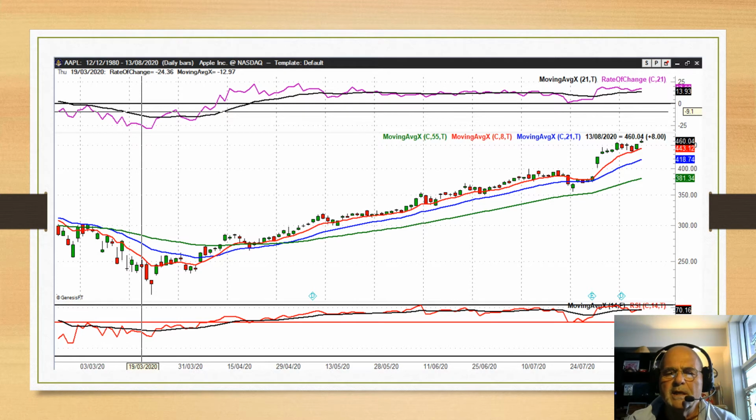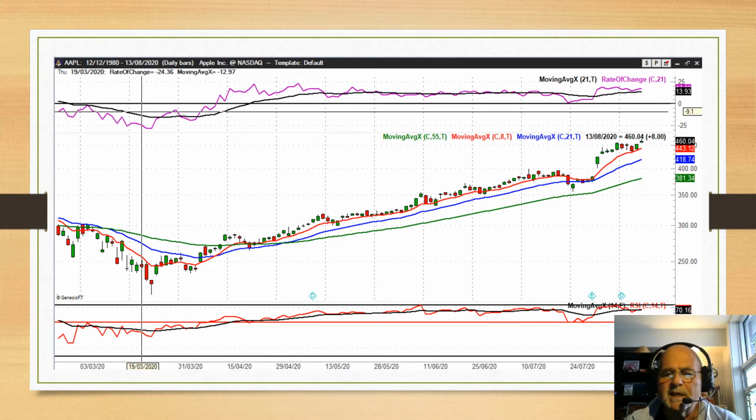Can you see where the blue line is above the green line and therefore in an uptrend? Sure you can. And on the left side of the chart, can you see where the blue is below the green as this part of Apple comes to an end of a downtrend?